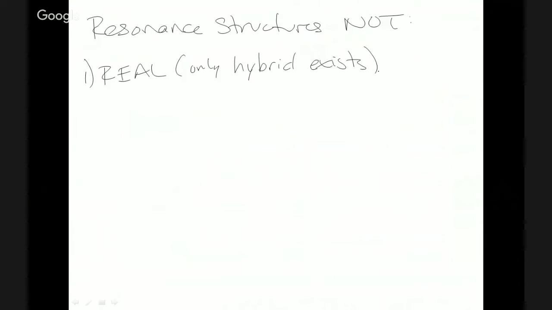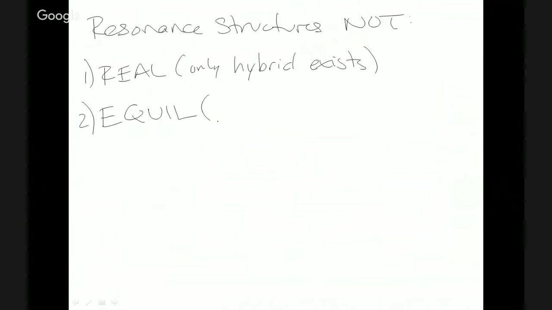Okay, the carbonate anion is a single thing. They are not equilibrium. We'll use that to abbreviate equilibrium from time to time. They're not equilibrium. Electrons are not actually moving back and forth. They are the hybrid.